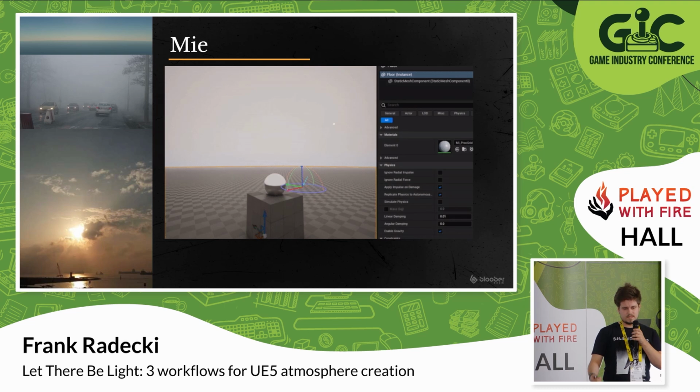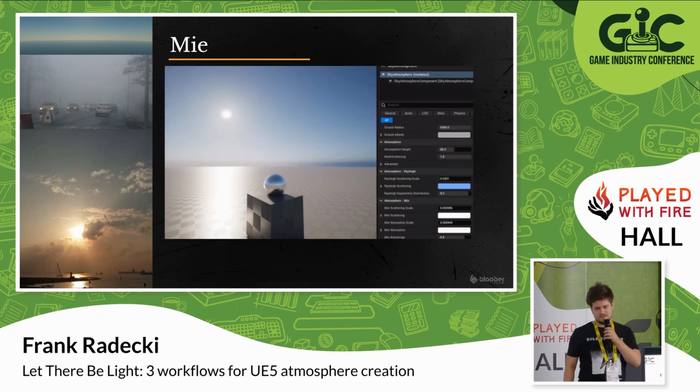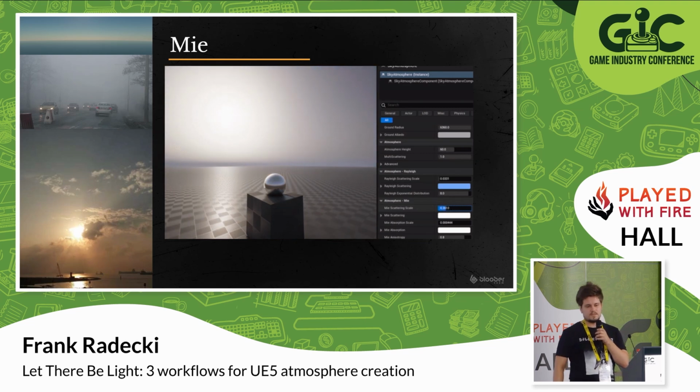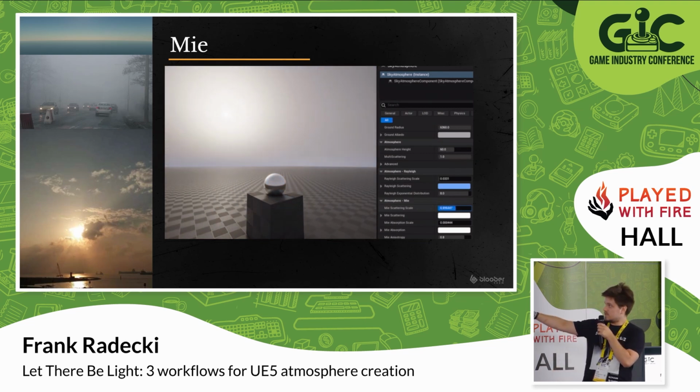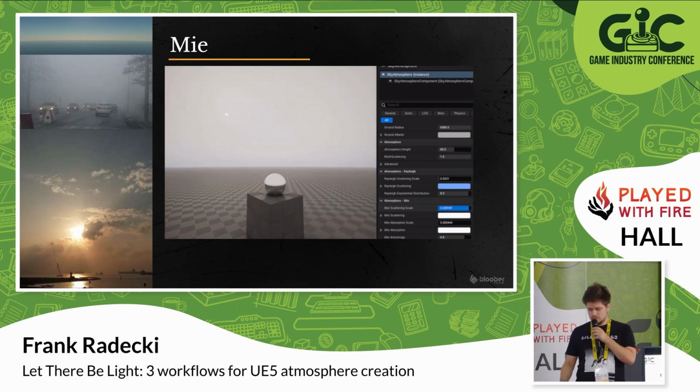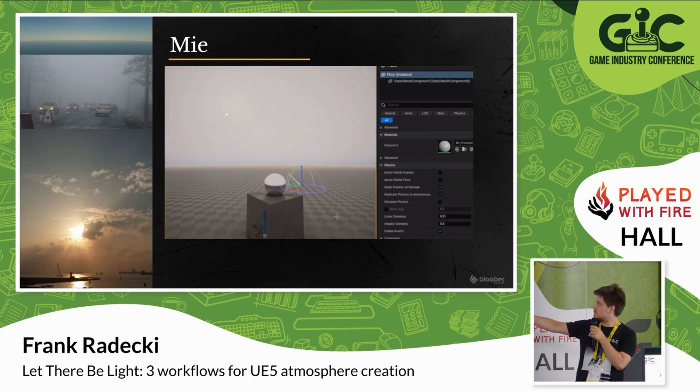But as I said before, if you have too much fog, it costs FPS in your game. Mie is just a simpler solution to that. So as you can see, we are scattering the light from the sun. And also, a really important thing here is that you are losing the shadows. So the higher the mie is, the less the shadows are visible.